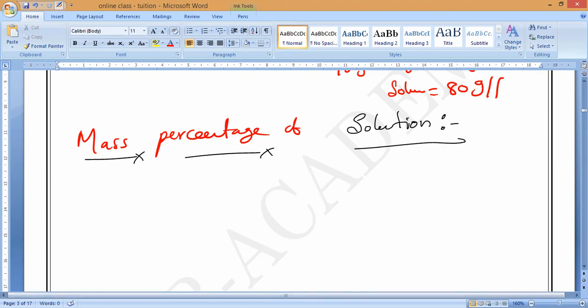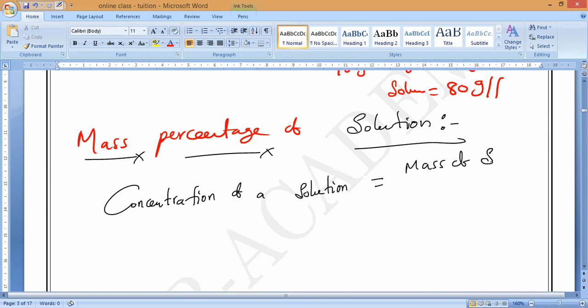So what is the formula? Concentration of a solution is equal to, remember all of you, mass of solute divided by mass of solution, into 100 percentage.